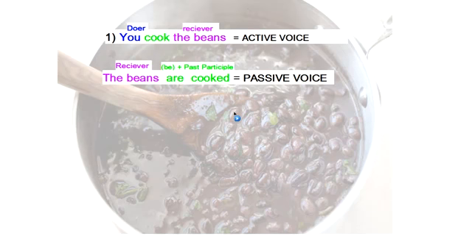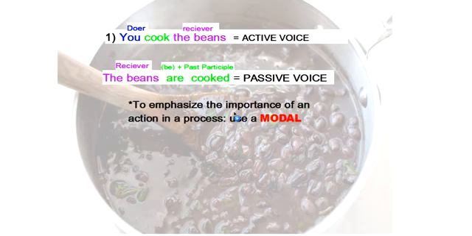Good. Now, to emphasize the importance of an action in a process, use a modal. So basically, I'm asking, is this action important? The beans are cooked. Is this extremely important when I want to make gallo pinto? Of course it is.